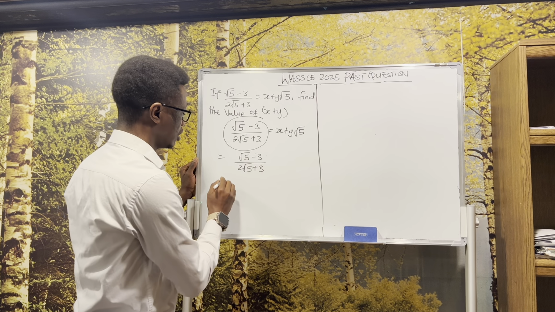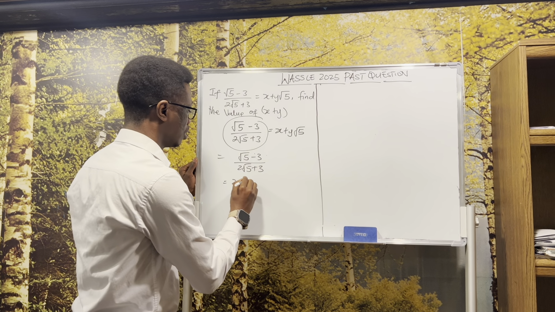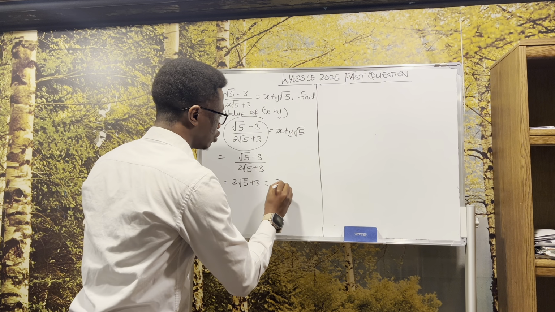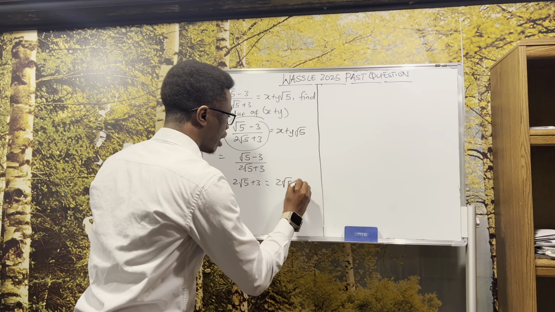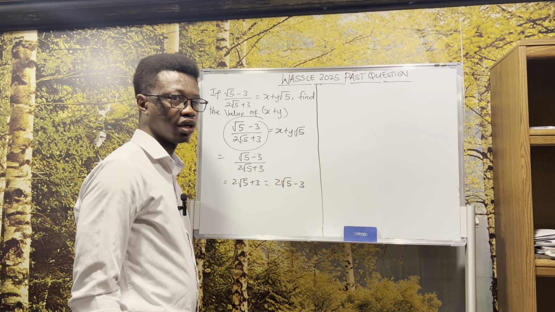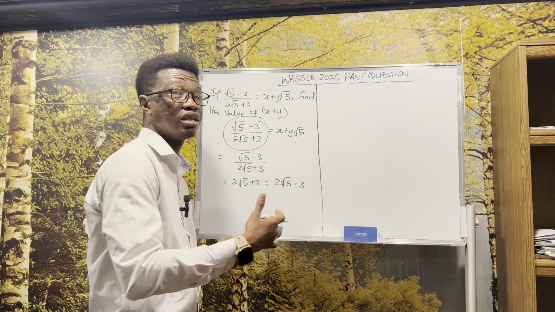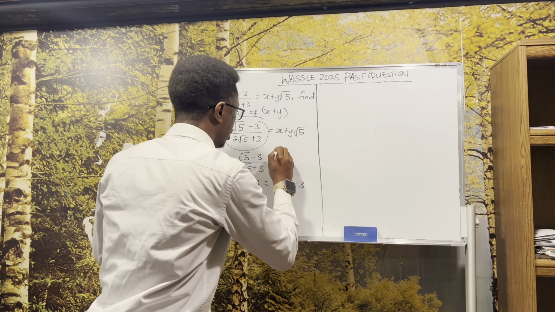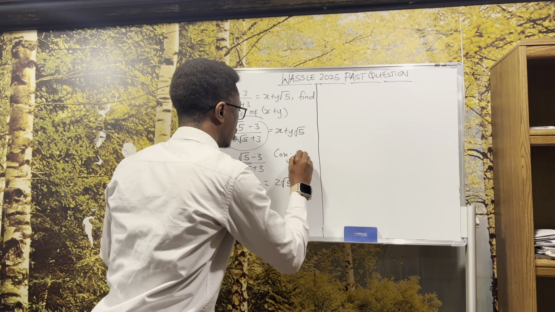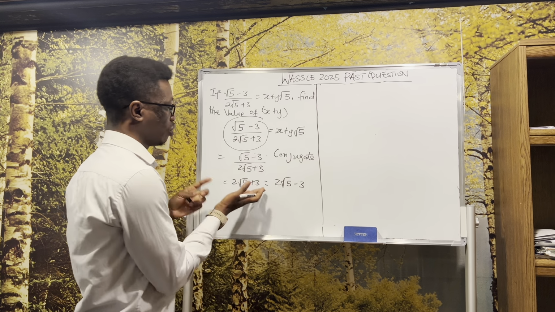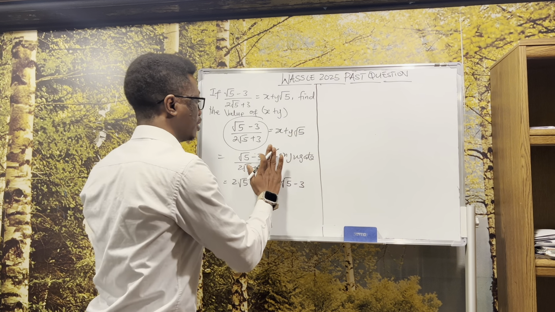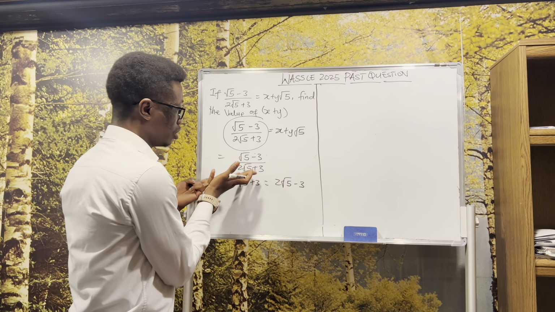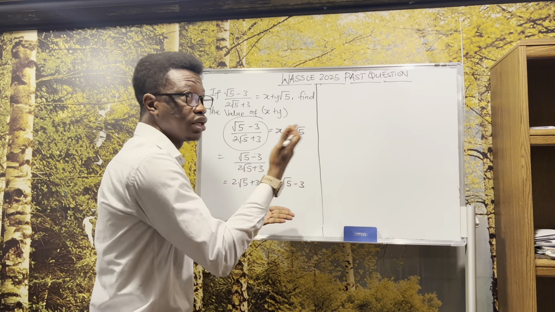The conjugate of 2 root 5 plus 3 is 2 root 5 minus 3. You just change the sign. So the first thing is to get the conjugate of the denominator.